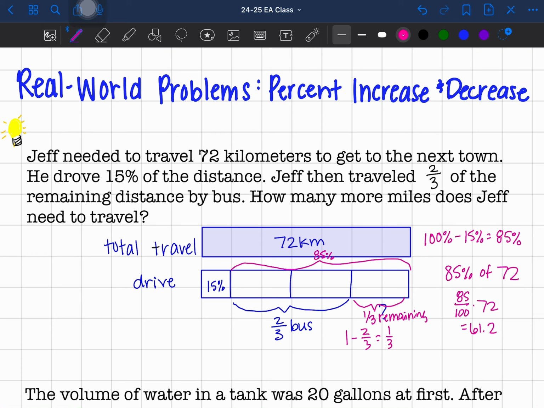And then we want to find 1/3 of 61.2. And that equals 20.4. So he has 20.4 miles remaining.